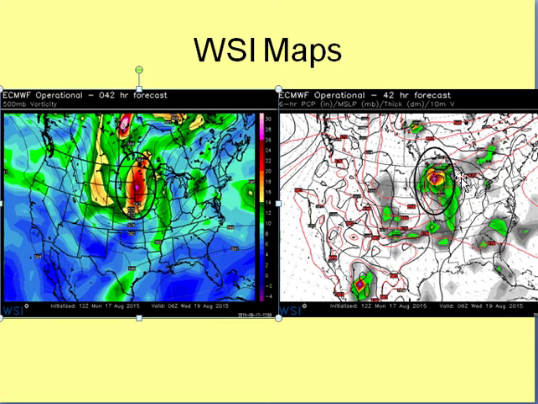And here, when you look at the surface, this is exactly what you see. Also marked off in black, you see a quite strong area of low pressure up towards the Great Lakes. So it's important to note that when you look at a 500 millibar map, you can gauge who is warmer, who is colder, where my high pressure systems should be, and where my low pressure systems should be.